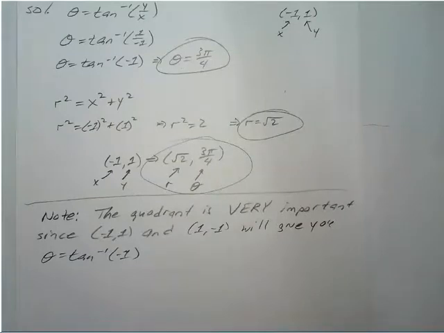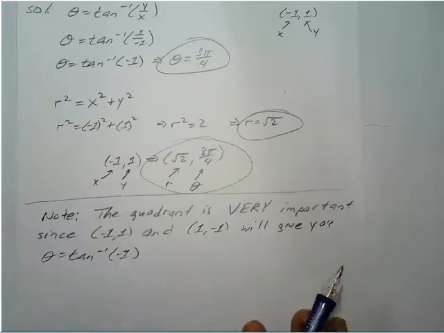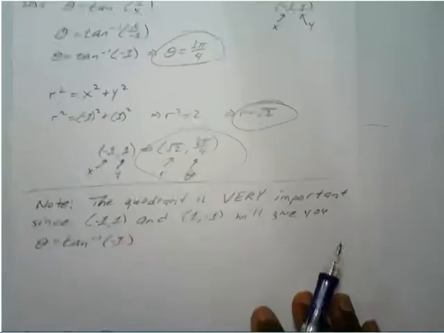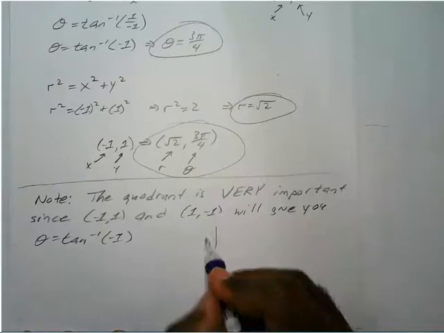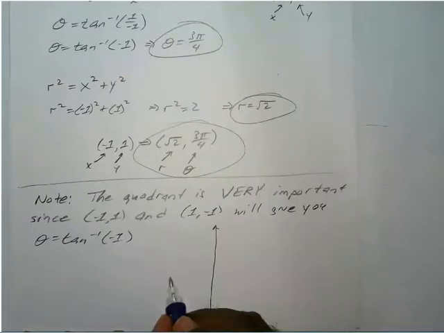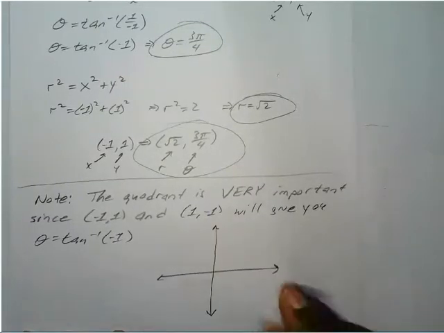As long as we know that our point is in quadrant 2, we have a better idea of what our theta would be. Let's show this here.